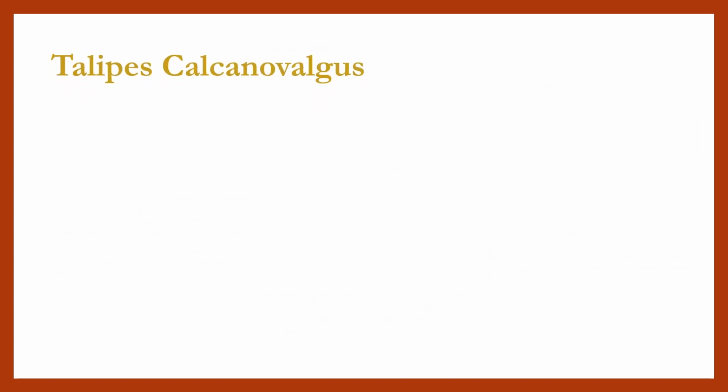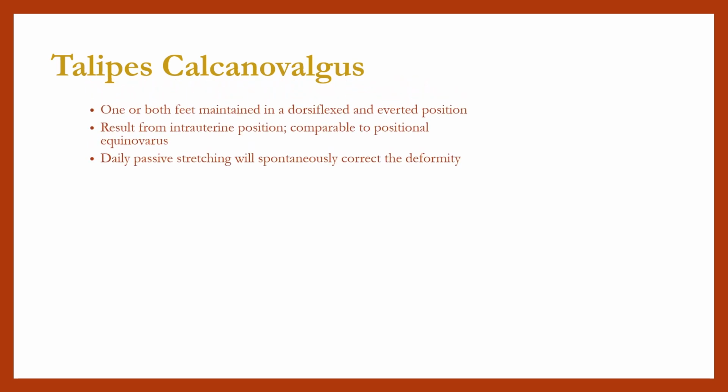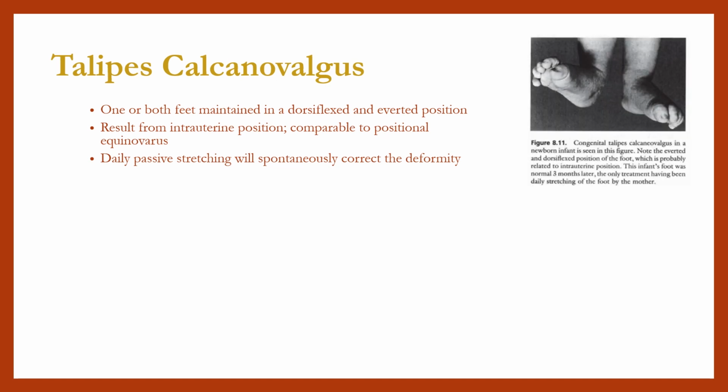Talipes calcaneovalgus. One or both feet are maintained in the dorsiflexed and everted position. It results from intrauterine position, and is comparable to positional equinovarus. Daily passive stretching will spontaneously correct the deformity.